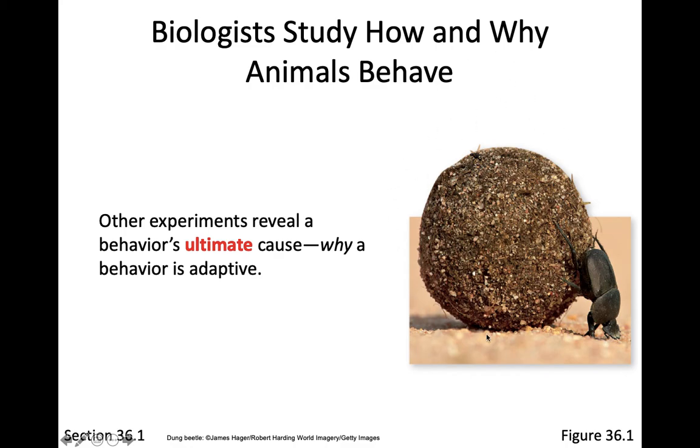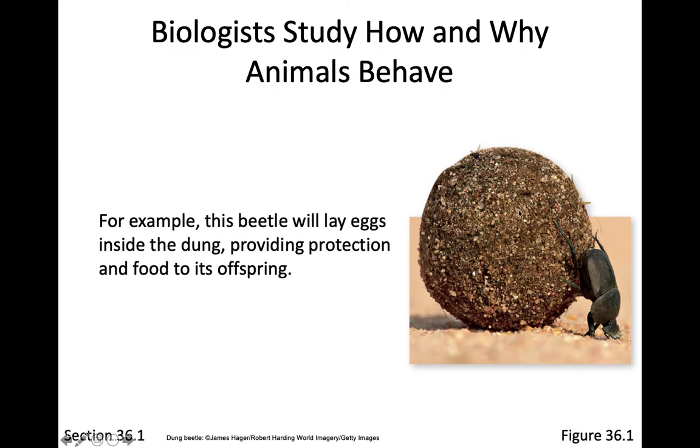So obviously, pushing this giant ball of dung around gives this organism some sort of benefit, or else it wouldn't spend all of the energy and waste of time doing this. Now, in this case, this little beetle pushing this giant ball of dung around is going to get him significantly more mates and significantly more offspring than if he was not to push this ball of dung around and just walked around on the ground like a normal beetle without pushing this ball of dung around.